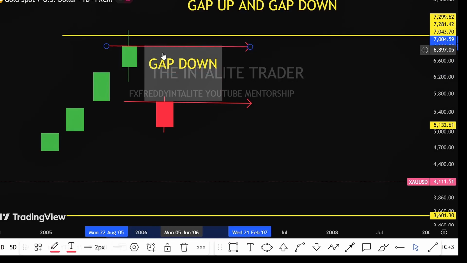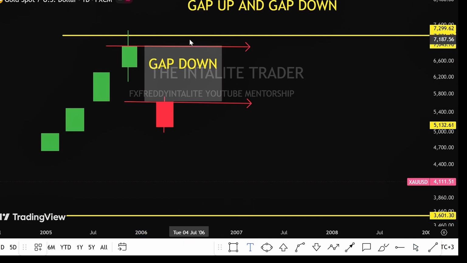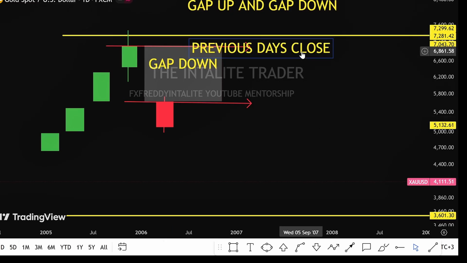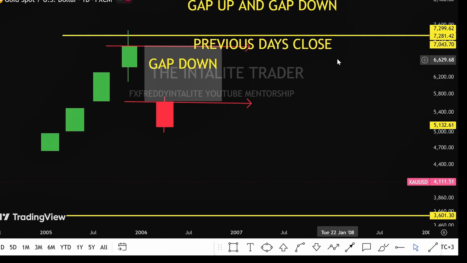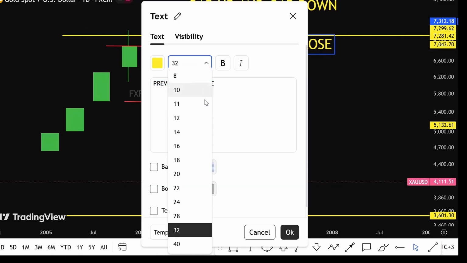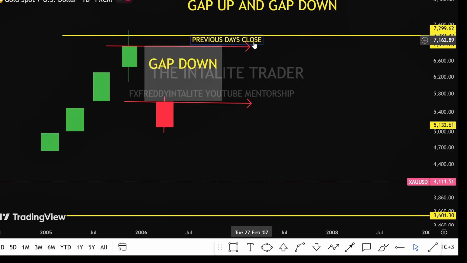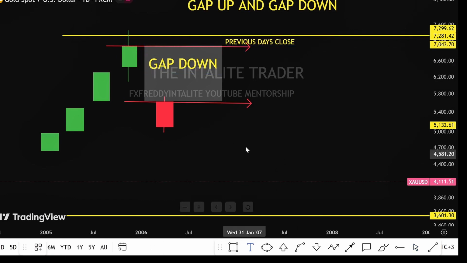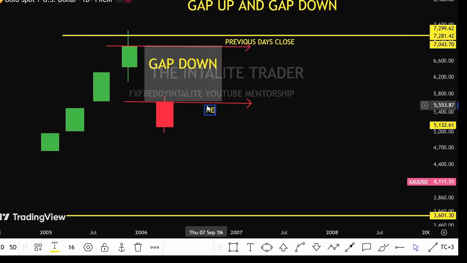So the rule is, the moment you see this candle, mark the previous day's close, which is this, and the new day's open.